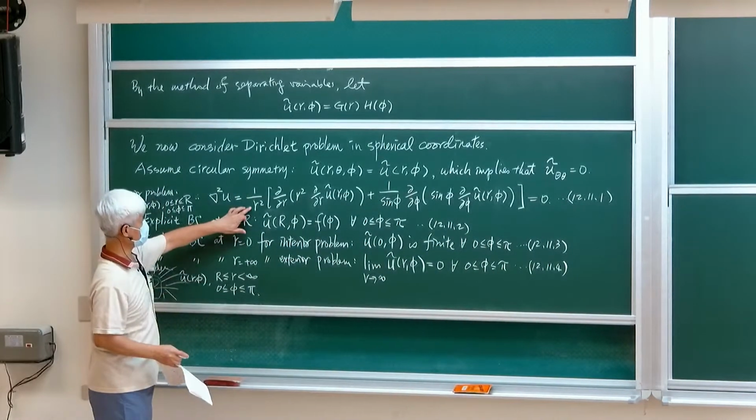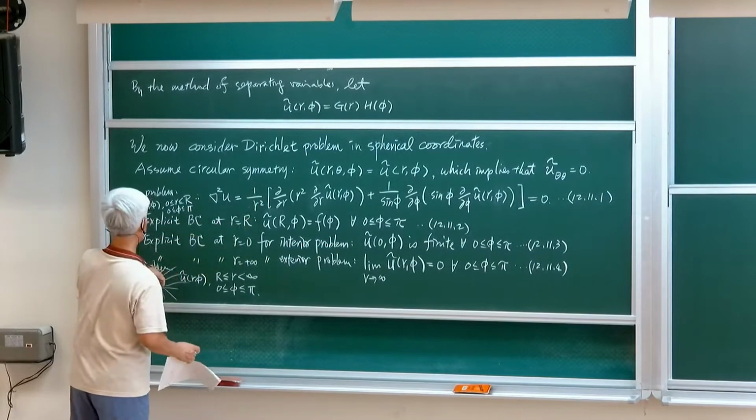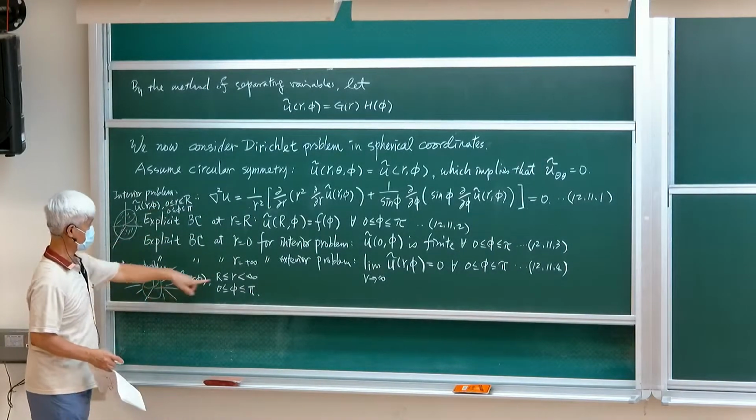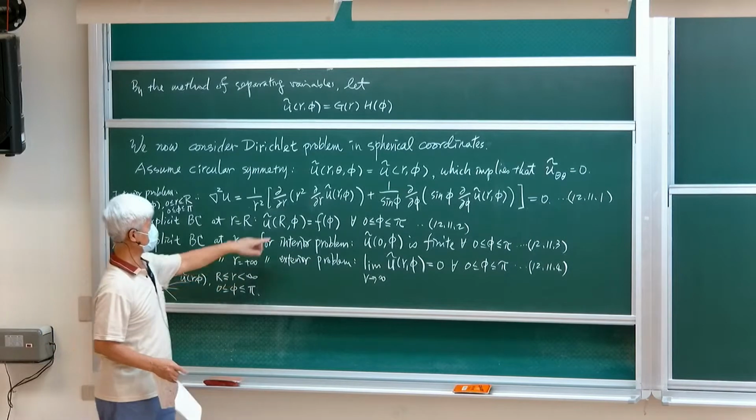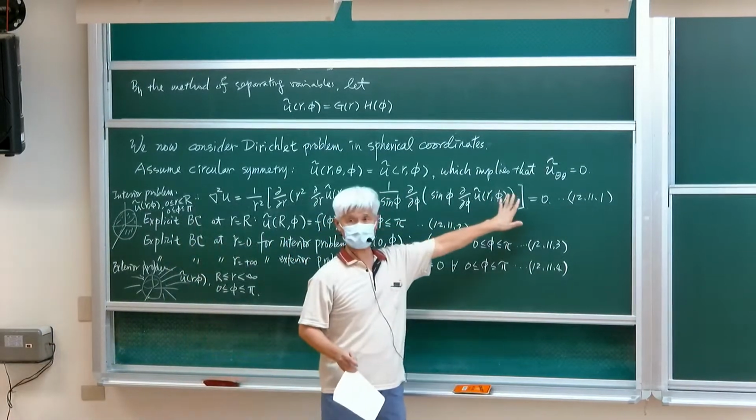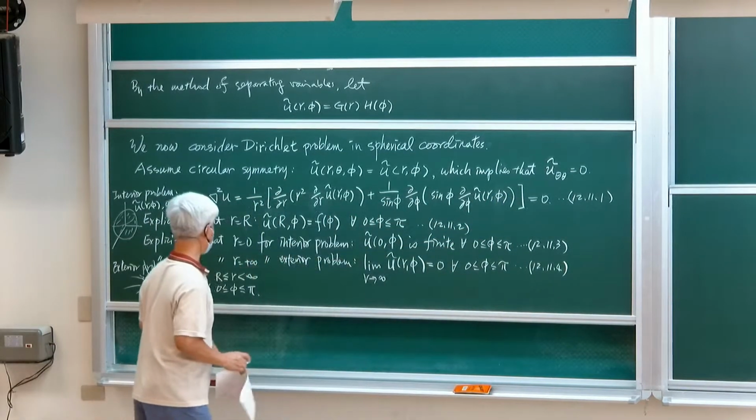Because this equation holds for all r in this range or in this range, that means the bracket is equal to 0.